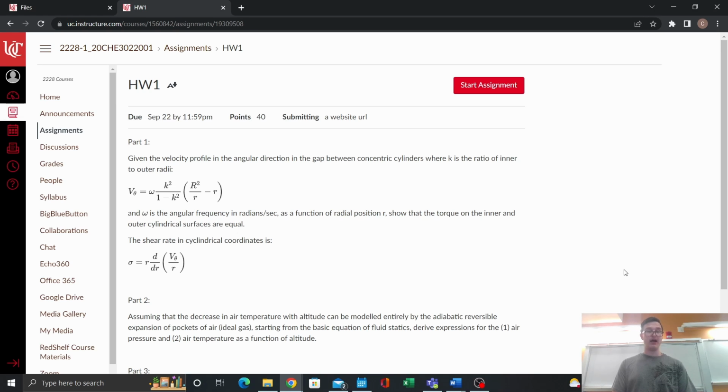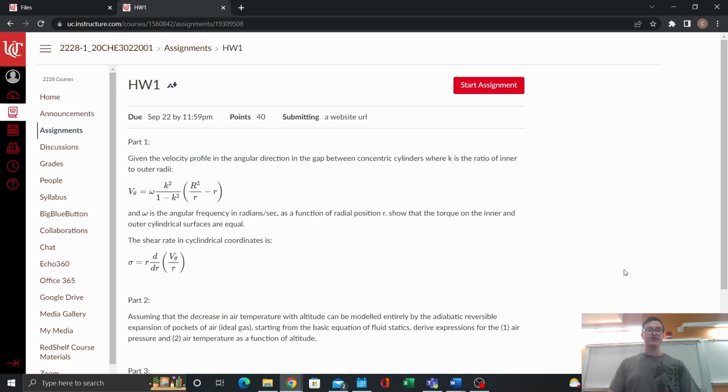The angular velocity is equal to w multiplied by k squared, divided by 1 minus k squared, all multiplied by big R, the outer radius, squared, divided by some inner radius r, minus that same inner radius r, where w is the angular frequency in radians per second as a function of radial position r. Show that the torque on the inner and outer cylindrical surfaces are equal.